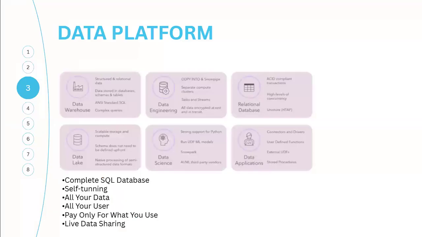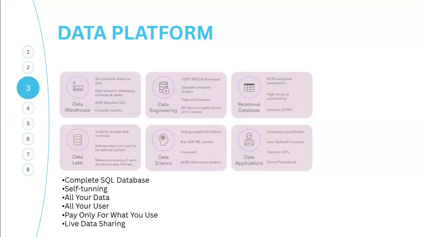Next, cloud native, then data platform. This is completely an RDBMS database. It has ACID properties. We have a concept called stages where you can use it as a data lake. And on top of this data warehouse, you can create AI/ML models. As highlighted before, we can do ETL as well as streaming by using Snowpipe.